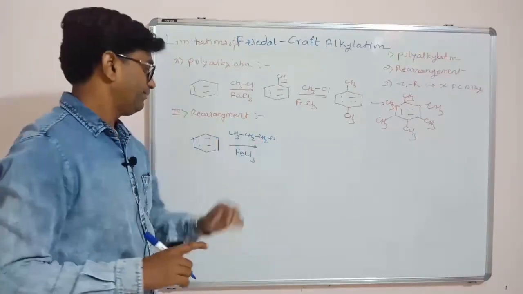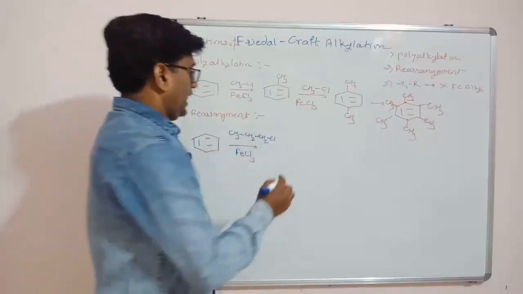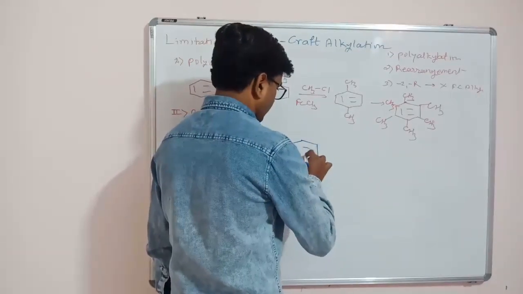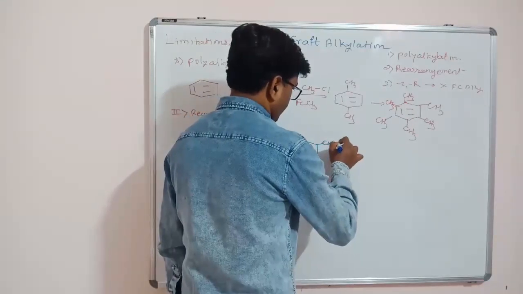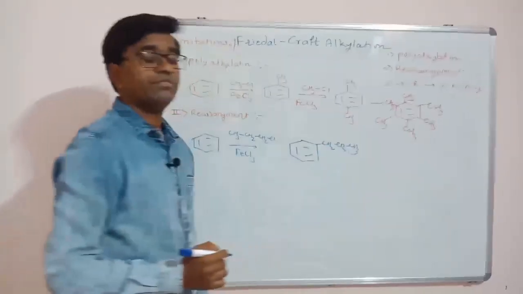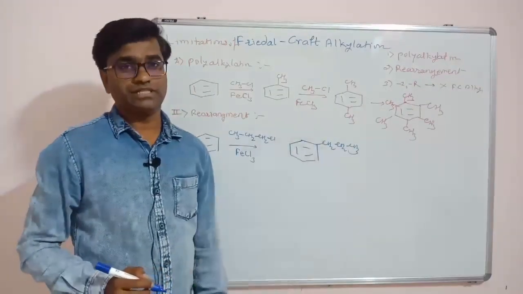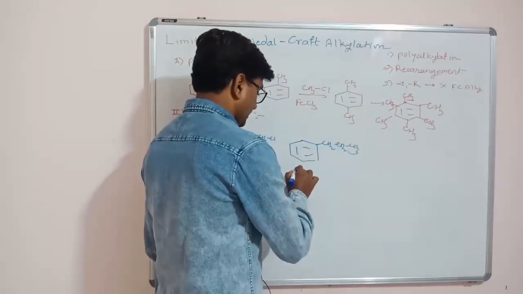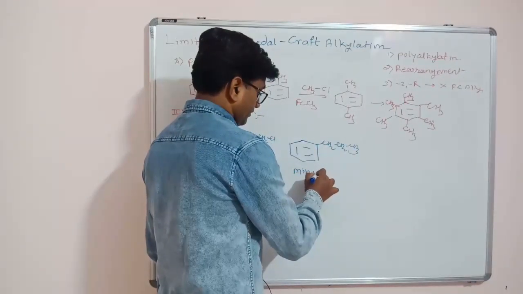It should not attach anywhere else. So here we would get CH2CH2CH3, that is propyl benzene. But this product you will get in a minor quantity.